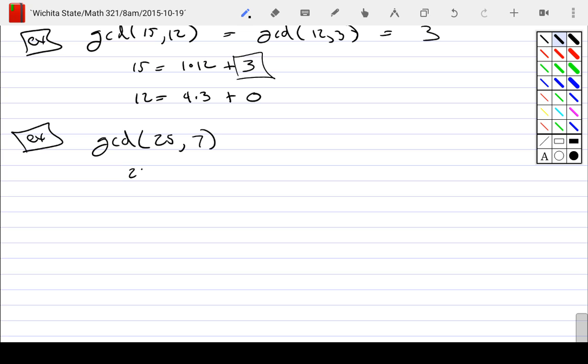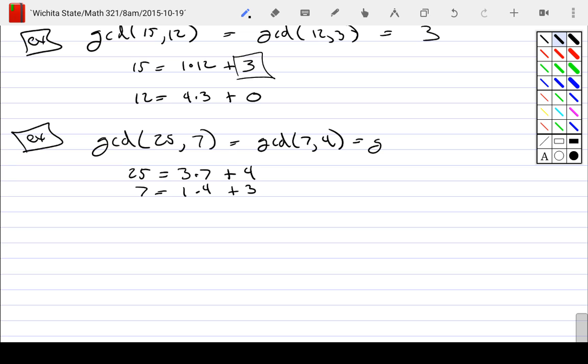So it's going to be 25 is equal to how many 7s? 3 7s with what left over? 4. And so what I'm looking at now is the GCD of 7 and the remainder 4. But what is that? Well, 7 is equal to how many 4s? 1 4 with 3 left over.